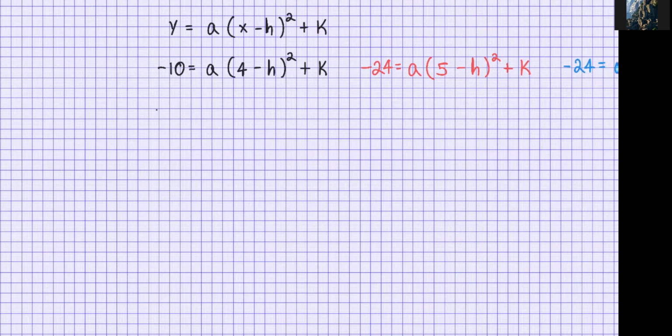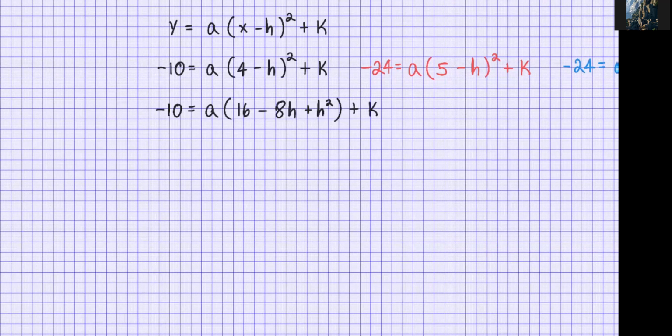So let's begin. I have -10 equals a, that multiplies 16 minus 8h plus h squared plus k. What I just did was expand this binomial squared. This binomial that I have here is this trinomial that I have here now. They are exactly the same.